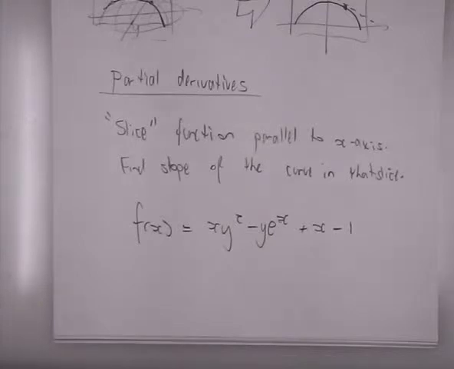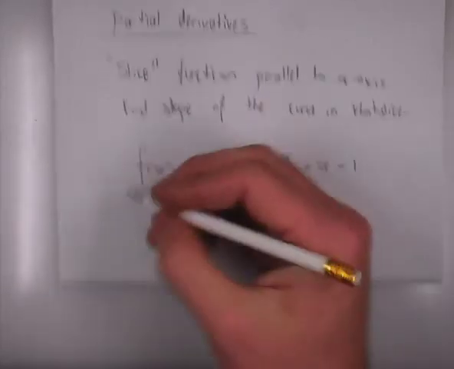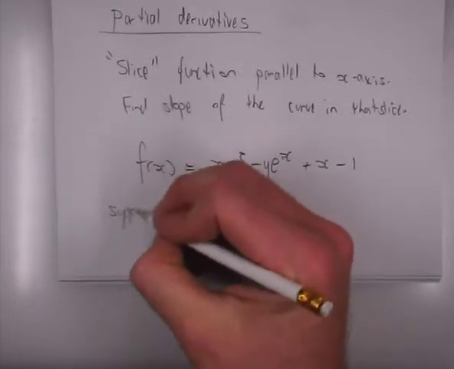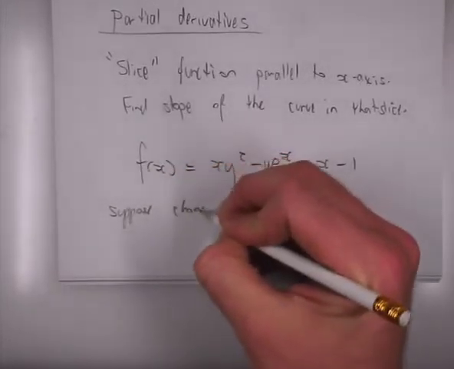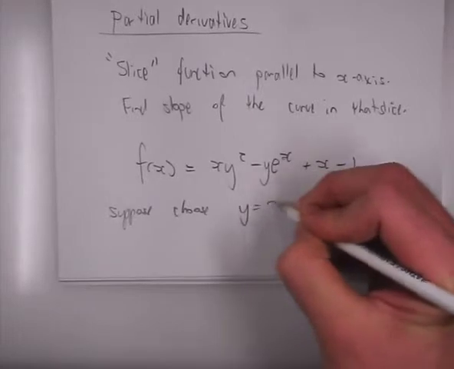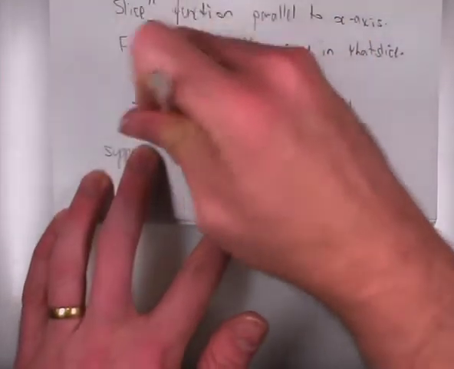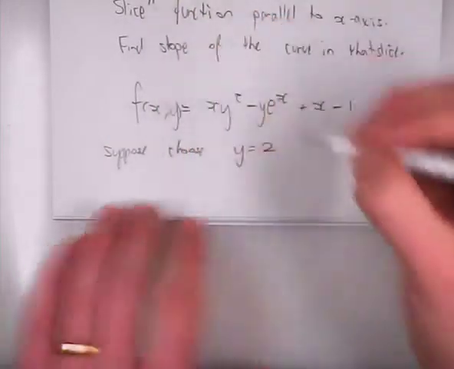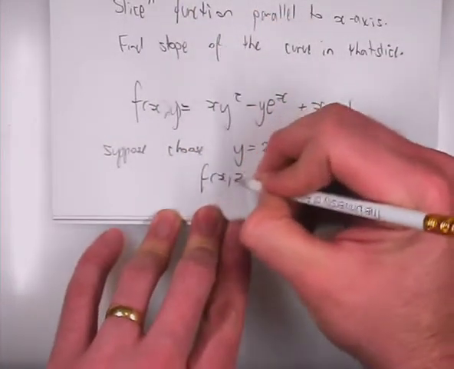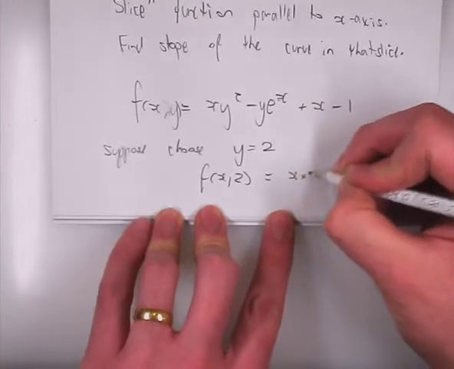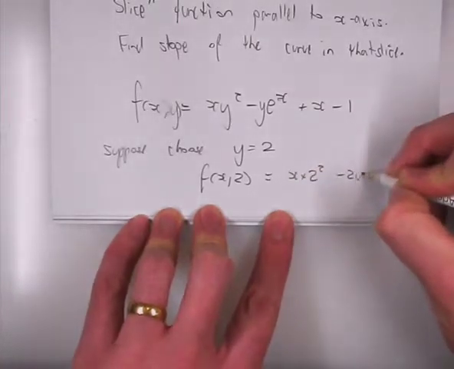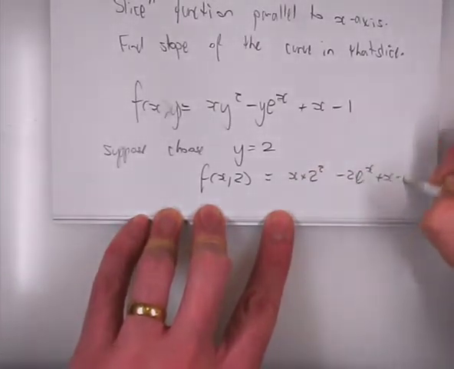Okay. So if I pick a particular value of y and make a slice along that plane, so suppose I choose y equals, say, 2, then that's f of x, y, sorry. Then we have f of x, 2 is actually x times 2 squared minus 2 e to the x plus x minus 1.